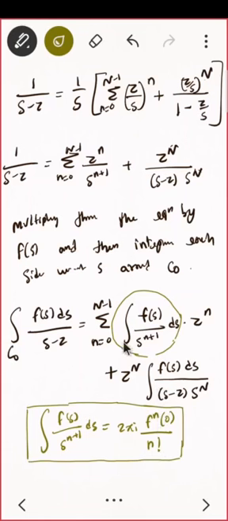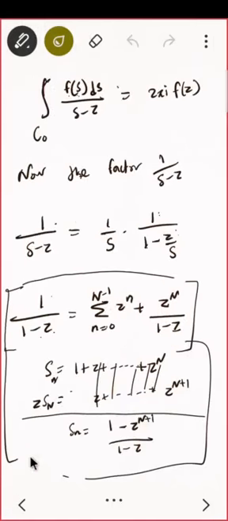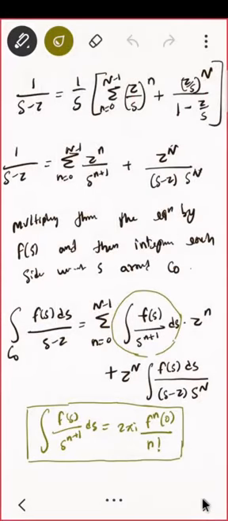What is your left hand side? If you see, we wrote it in the starting itself. That is 2 pi I f of z. Correct? Here also there is 2 pi I. So you can divide by 2 pi I everywhere.